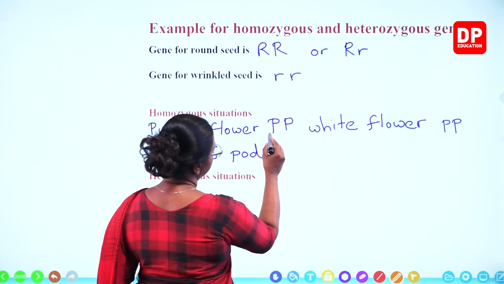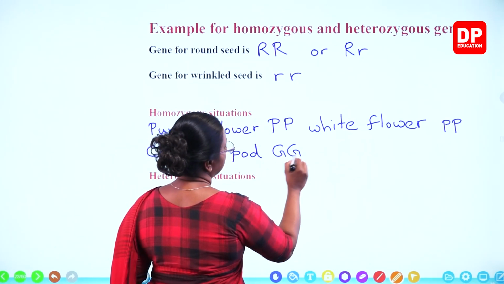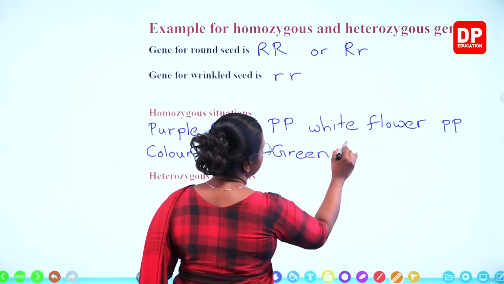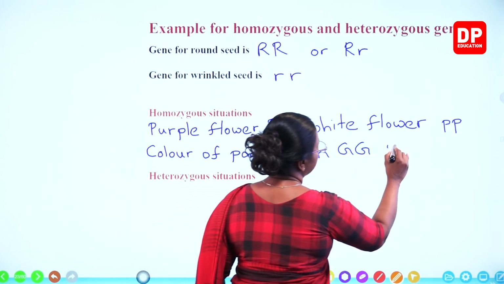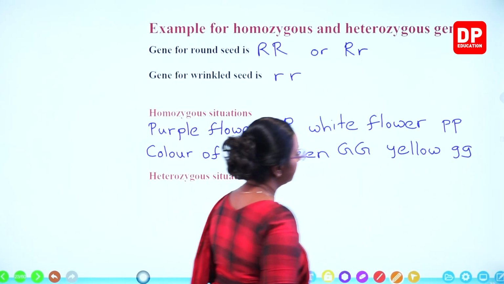That is again, green color is dominant, so we'll say green, capital G. Yellow, small g.